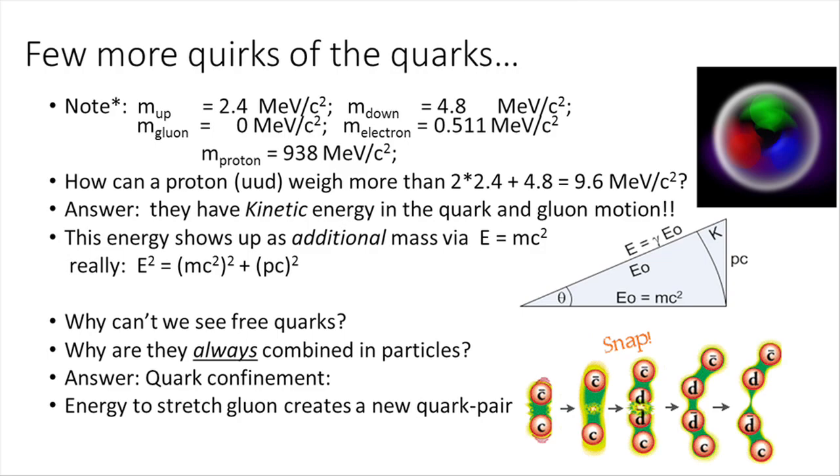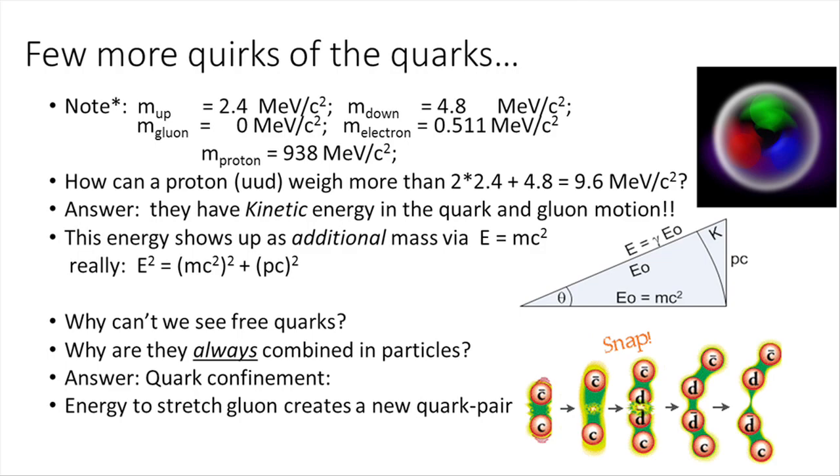So, we've all seen E equals mc squared. Well, actually, really, this is what it is. My total energy is mc squared, and I add on my momentum there. I can see this is my hypotenuse. This is one edge. That's the other edge. So here's my energy here. There's my mc squared. There's my mass. And then here's my momentum. And my kinetic energy is this little bit up here.